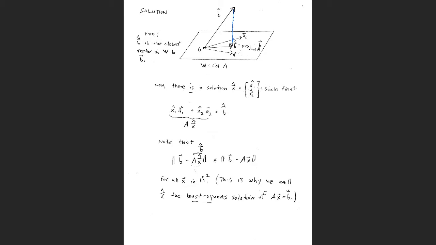Maybe I'll put it in red. That's this distance. That's the distance between the vector B and the projection. And so here we find it. And it's going to be the square root of 84.